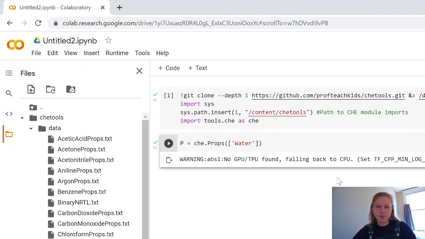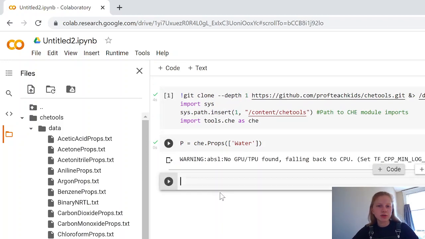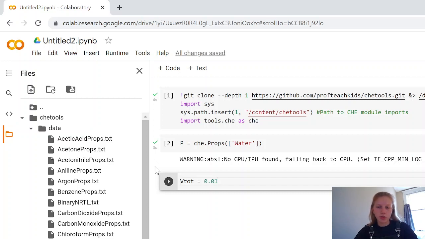So that's pretty helpful. Alright, so the first thing we're going to do is define the variables we need for this problem. We're going to have the total volume was 0.01. I'm just going to put the units so that we know it was in meters cubed. Then we're going to have the mass of the water was 1 kilogram.